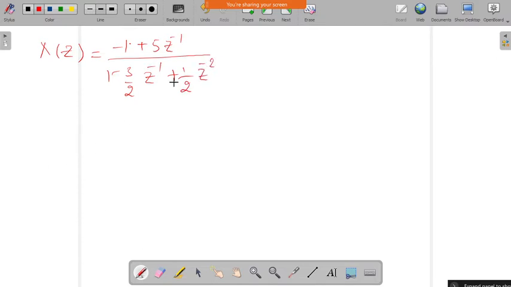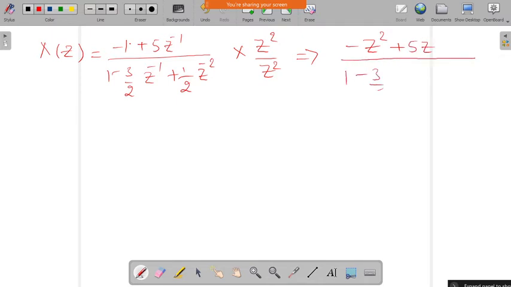Now for convenience, we can multiply both numerator and denominator by z square, so that we will get minus z square plus 5z divided by z square minus 3 by 2 z plus 1 by 2. So this is what you will get.